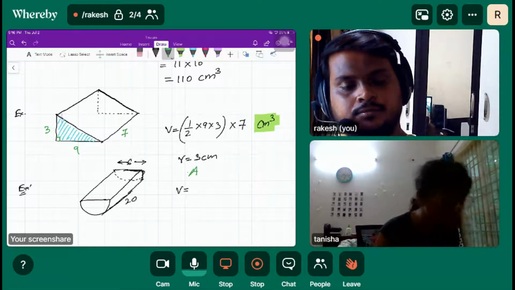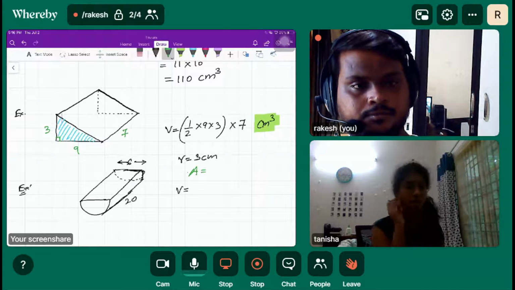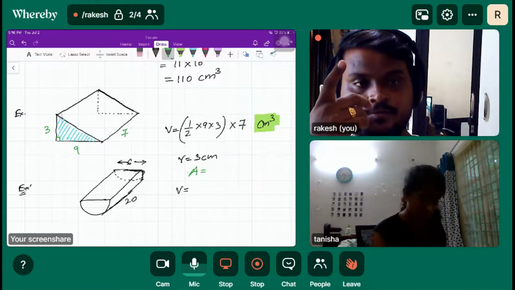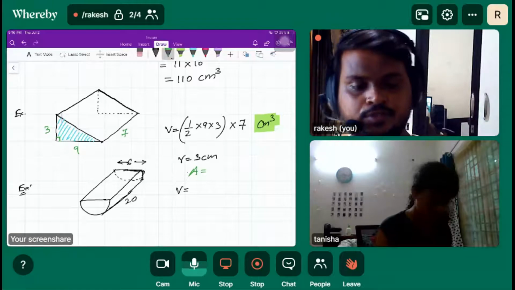I got 282.7 centimeter cube, the unit must be cube.